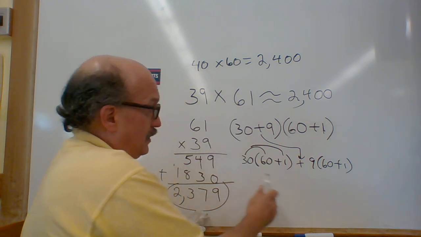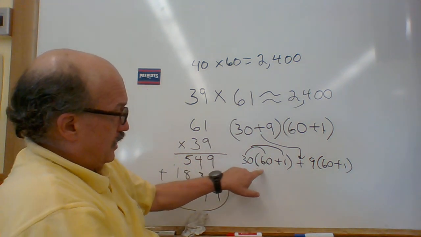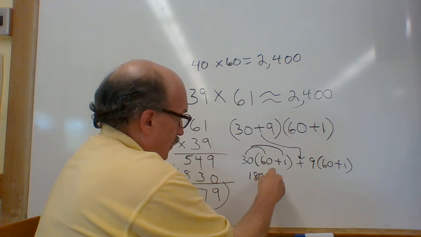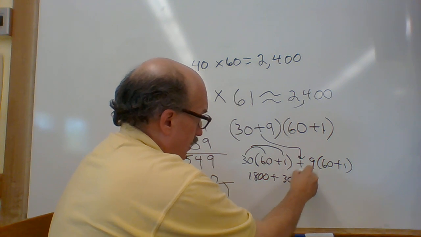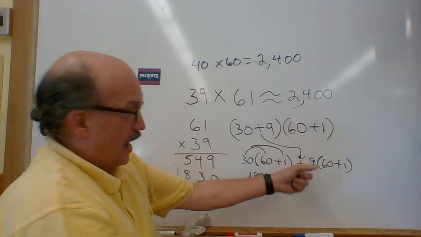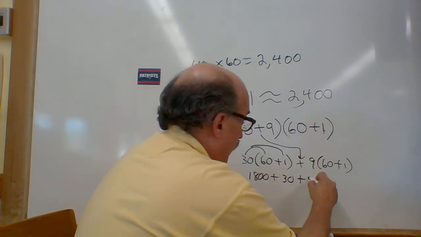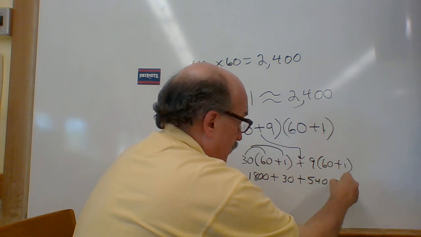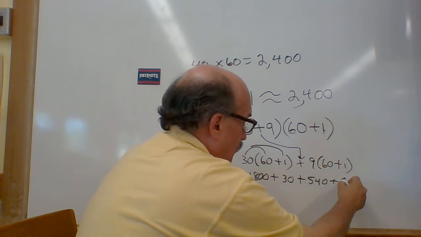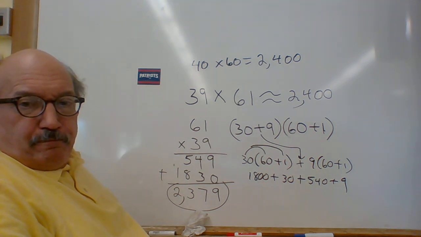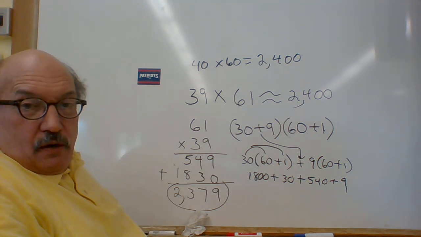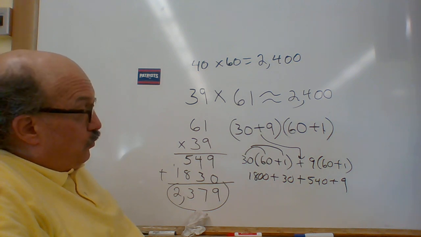And we can do these mentally. 30 times 60 is 1,800 plus 30 times 1, which is 30. Now that plus sign. 9 times 60, 540, plus this plus sign here. 9 times 1 is 9. Okay? Now, I'm going to take a little shortcut here in terms of adding those 4 numbers together.